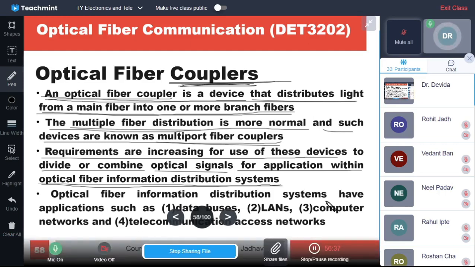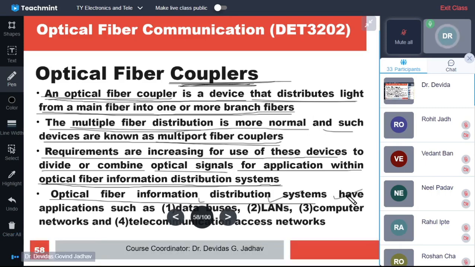Optical fiber information distribution systems have applications such as data buses, LANs, computer networks, telecommunication access networks, etc. Data buses means the trunk network, which is carrying all the load across very large states.